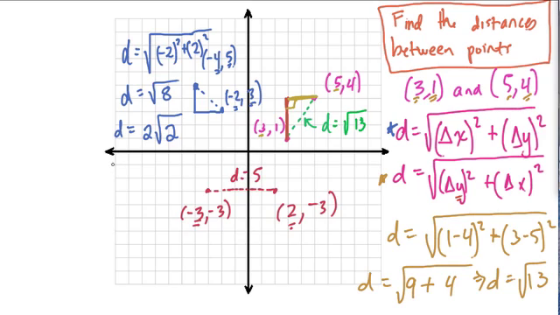But we can still apply the distance formula. In this case, distance equals what? Well, this time, if we subtract our x values, we get -3 minus 2, which is -5. We're going to square that, and then add -3 minus -3, squared.